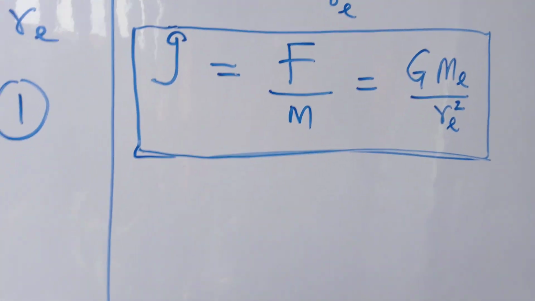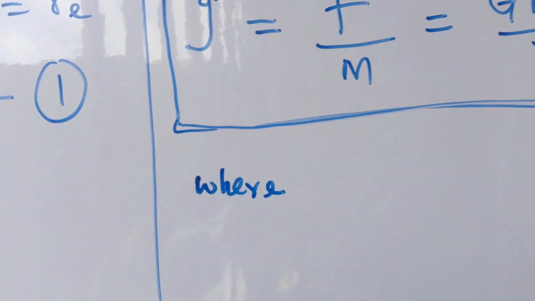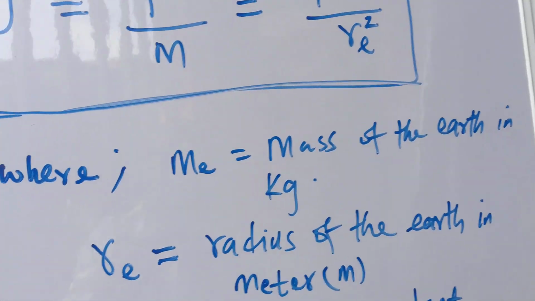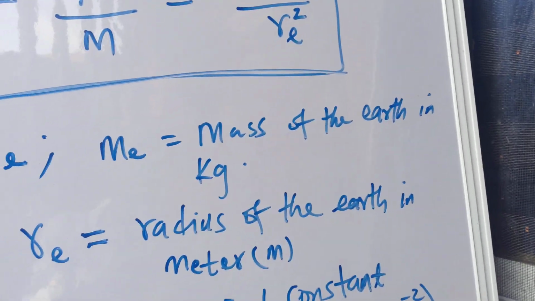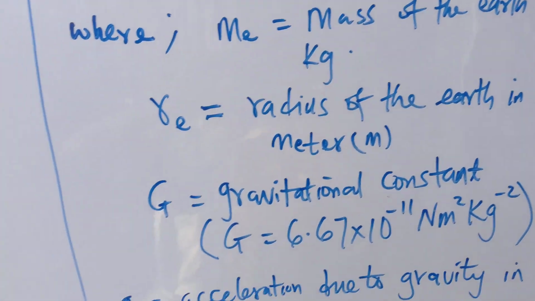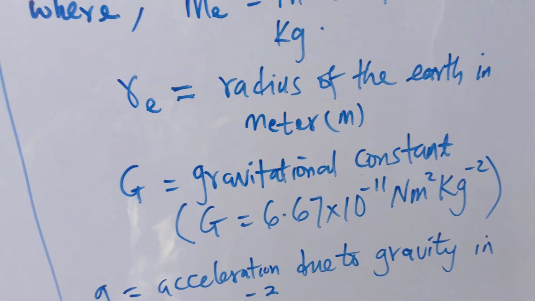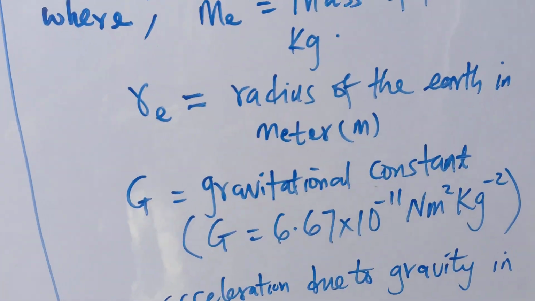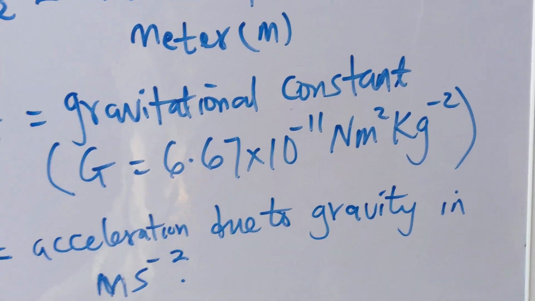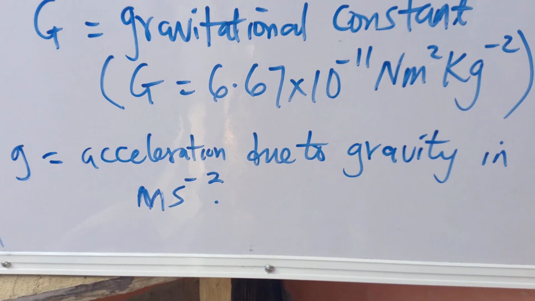We see that ME is the mass of the earth measured in kilograms, RE is the radius of the earth measured in meters, capital G is the gravitational constant, which is 6.67 times 10 to the power minus 11 newton meter squared per kilogram squared, and small g is the acceleration due to gravity in meters per second squared.